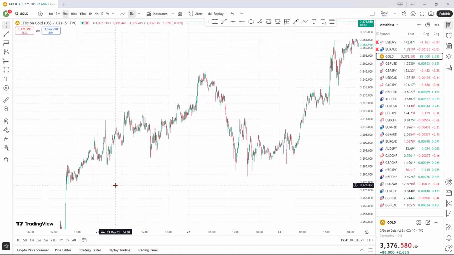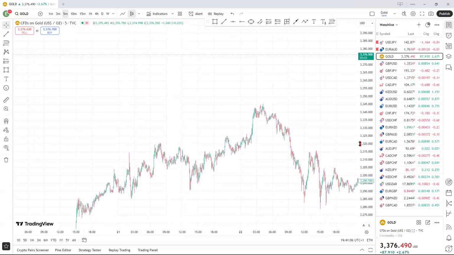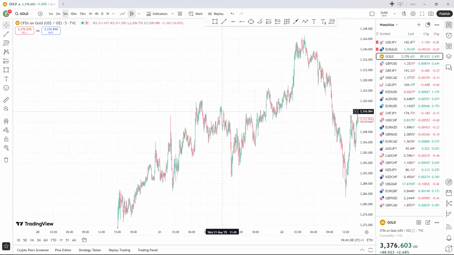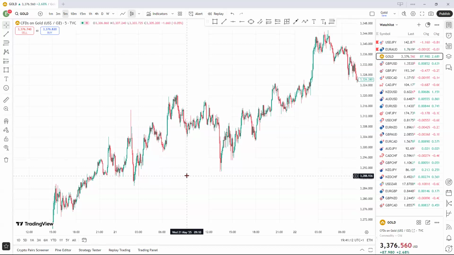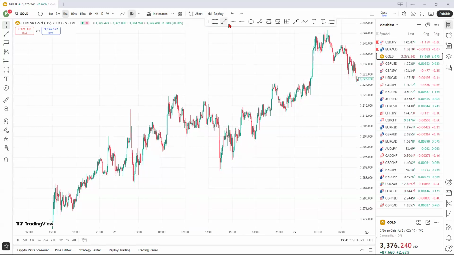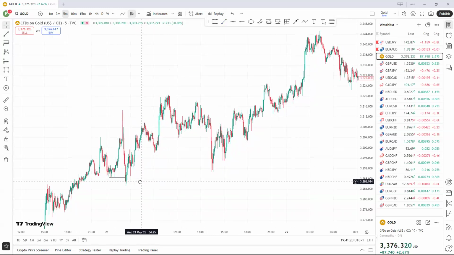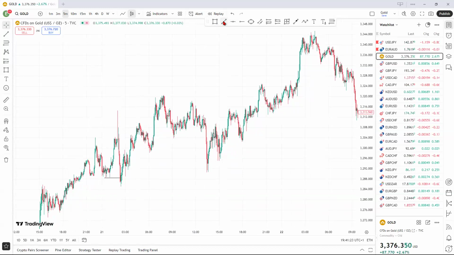So okay, there's an example here on the 5 minutes, although I don't advise trading 5 minutes for currency pairs. So there's a liquidity sweep here. Here's your first break of structure.